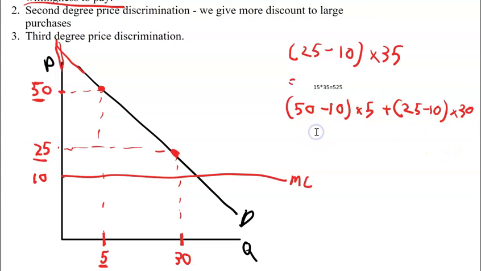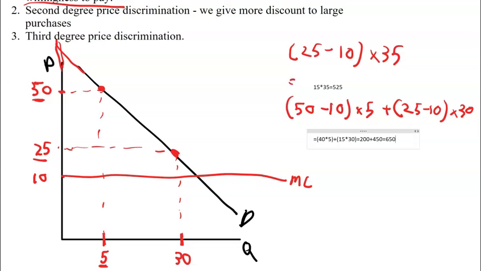So my profit becomes 40 times 5 plus 15 times 30, which is 200 plus 450, which equals 650.